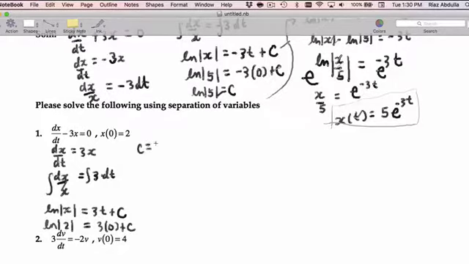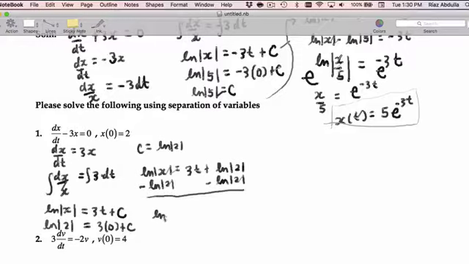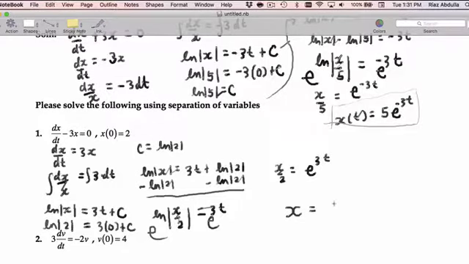So we get that c is the natural log of 2. And so the natural log of x equals 3t plus the natural log of 2. Let's take away the natural log of 2 from both sides. Combining that with logarithm rules, ln of x over 2 equals 3t. Continuing, we'll take the exponential of both sides. So we have x over 2 equals e to the 3t. Finally, simplifying, x is going to equal 2 times e to the 3t.